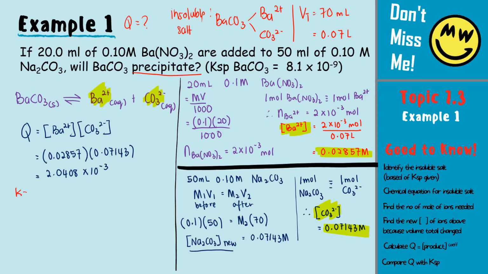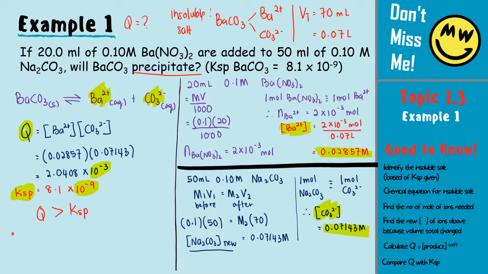The KSP given in the question is 8.1 times 10 to the power of negative 9. Looking at the 10 to the power of negative 3 and the 10 to the power of negative 9, your Q and your KSP over here, which one is bigger and which one is smaller? Is your Q bigger or smaller than the KSP? Obviously, your Q is bigger than the KSP value.